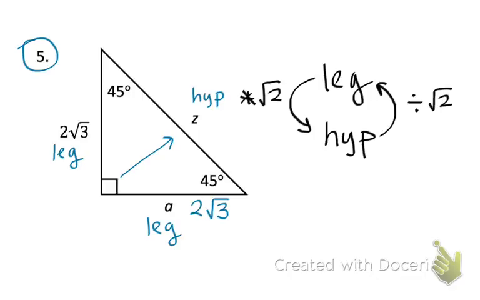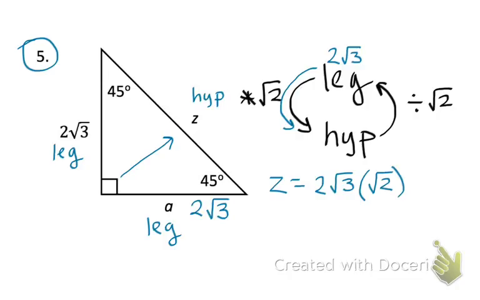Then for Z, I have my leg, which is 2 square root of 3, and I'm going to go to my hypotenuse. So I'm going to multiply by square root of 2. So I have 2 square root of 3 times square root of 2.